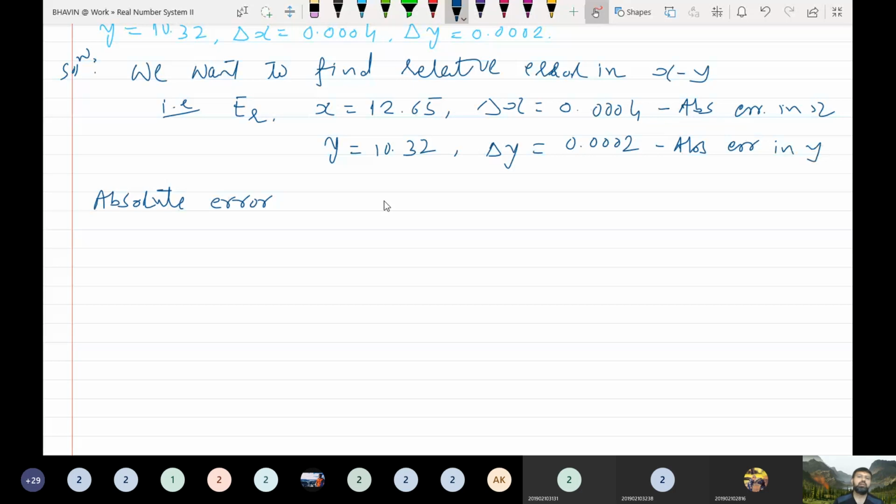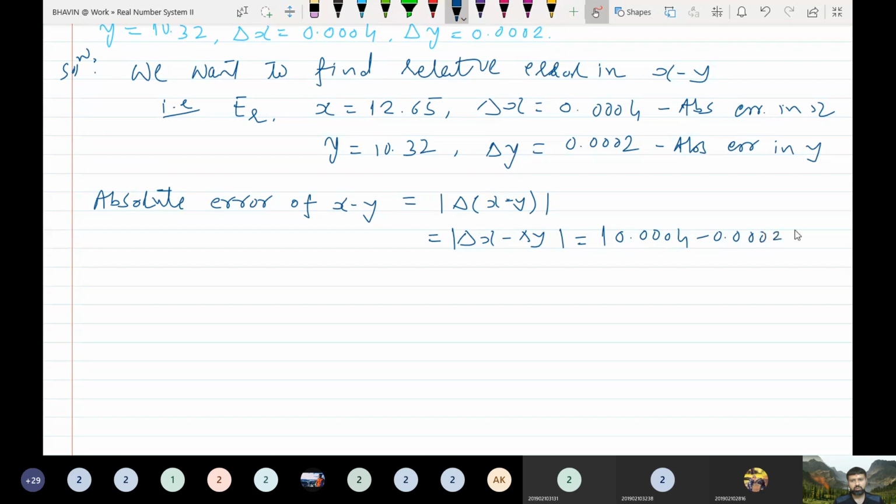Okay, this is absolute error in y, delta y. So absolute error of x minus y is equal to delta of x minus y and its modulus. So this is nothing but delta x minus delta y. So what is absolute error in x? This is 0.0004 minus 0.0002. So the final answer is 0.0002.